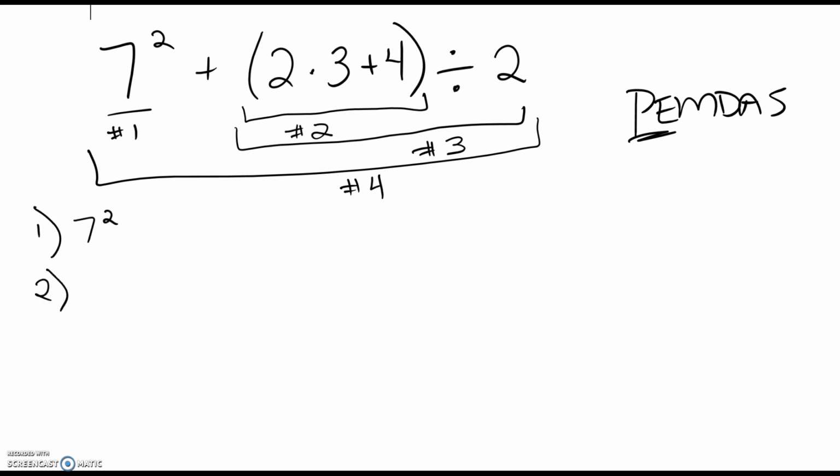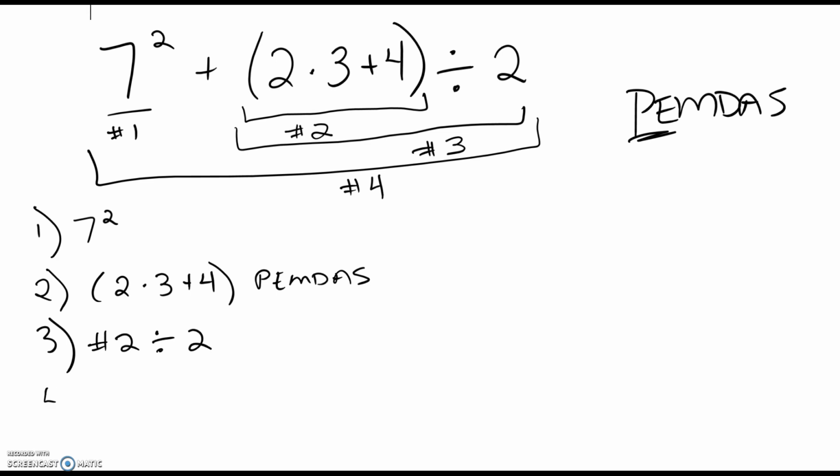Number 2, 2 times 3 plus 4, which I'm going to eventually have to break down as well. 3 is whatever I get on number 2 divided by 2. And 4 is whatever I got on number 1, right, plus whatever I got on number 3. So at least now I know the steps I have to go through.